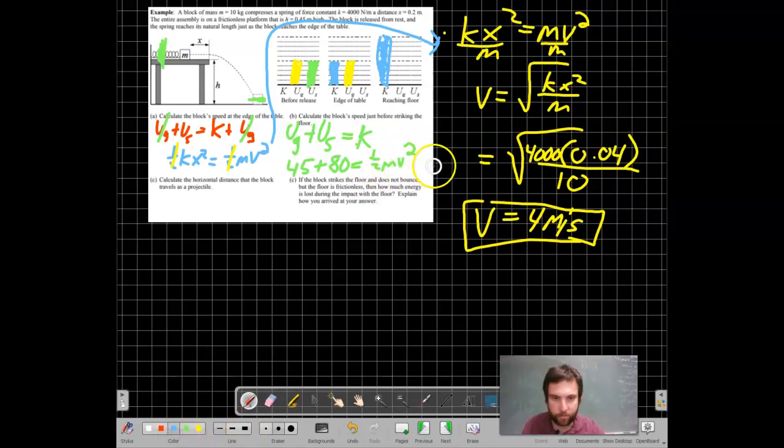Now my next step, I'm going to bring down here in blue. This was A, this is going to be B. So I am going to multiply by 2 and then divide by m from each side.